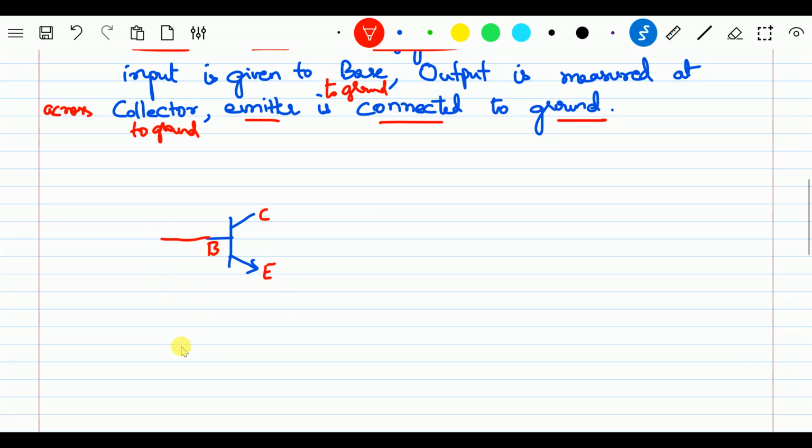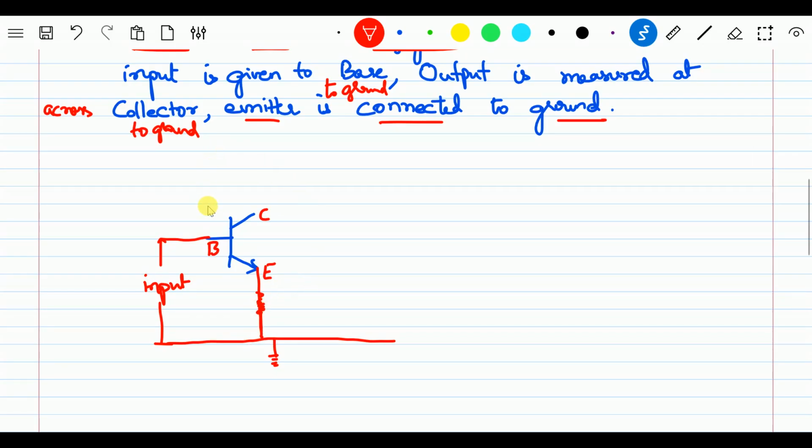Let me say this is the ground. The input is given between base and ground, whereas the emitter is directly connected to ground. Or sometimes you also see the emitter with some resistance added here and then connected to ground.